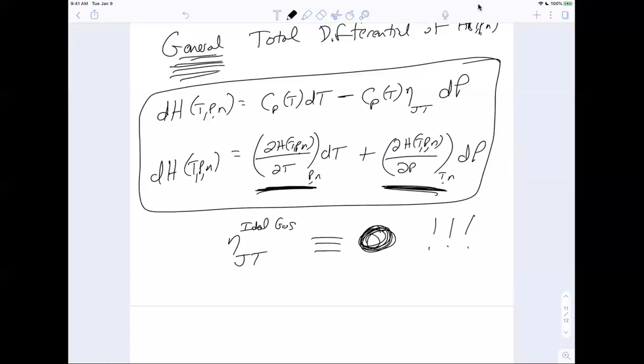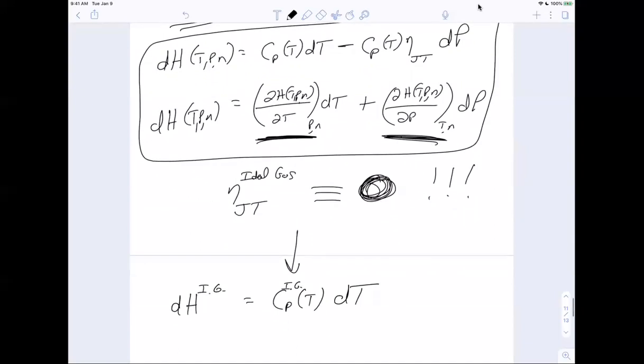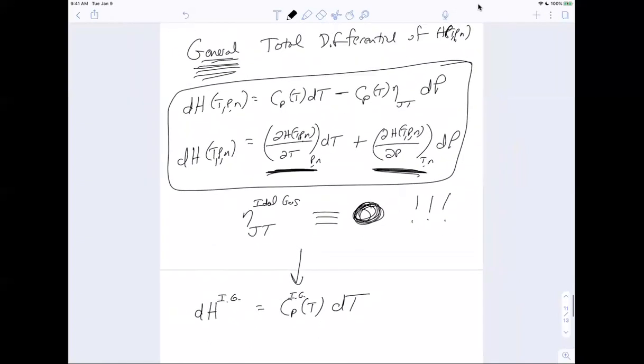What that means is that dH for an ideal gas is just Cp of T dT. There is no dP term because for an ideal gas, this guy is 0.